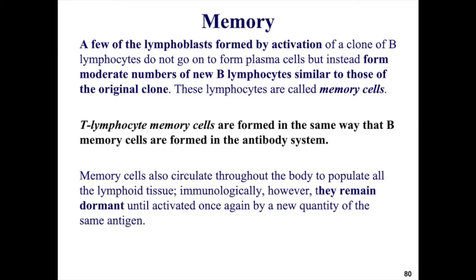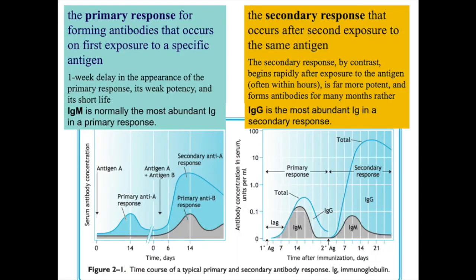So once the lymphocytes have been challenged, they form memory cells, and these memory cells increase the army. So we can speak about a primary response and a secondary response. A primary response is dominated by IgM and is much weaker.